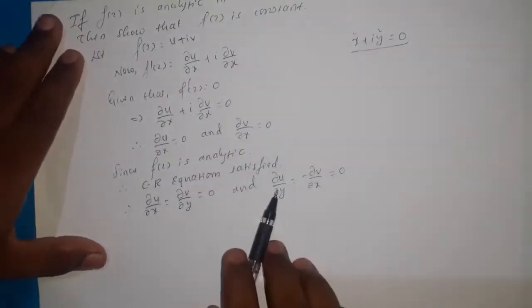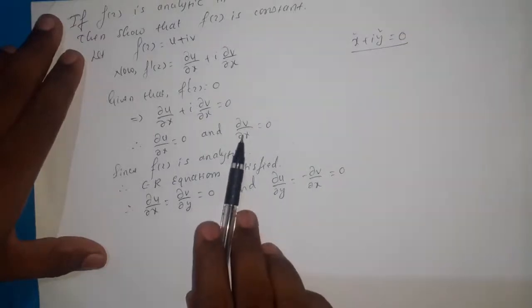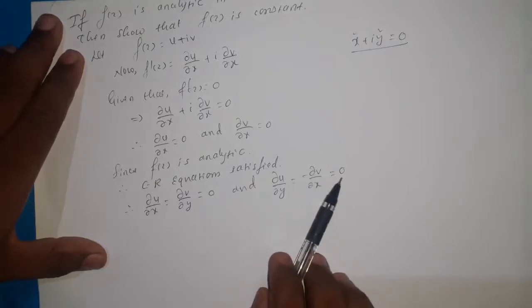So dou u by dou y equal to minus dou v by dou x, and we know that dou v by dou x equal to 0. Therefore it is also equal to 0.